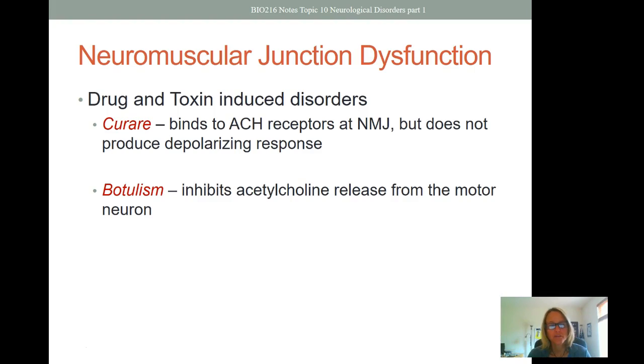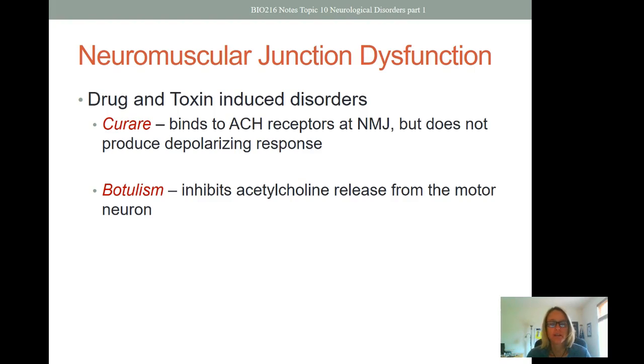It diffuses across the synaptic cleft and then binds to acetylcholine receptors, which produces a depolarizing response, which then causes opening of voltage-gated sodium channels and an action potential in that muscle. So curare essentially blocks those acetylcholine receptors and prevents acetylcholine from binding and producing a response.